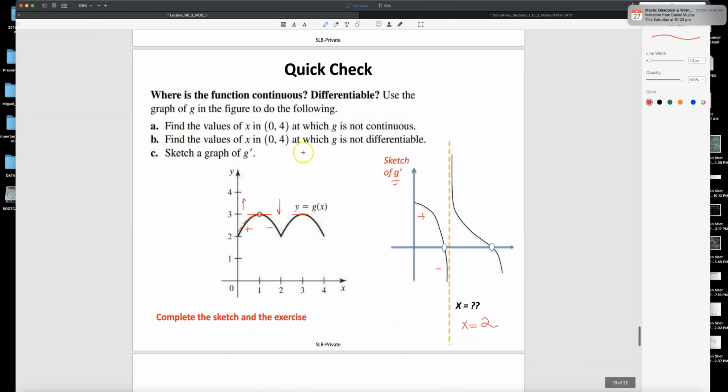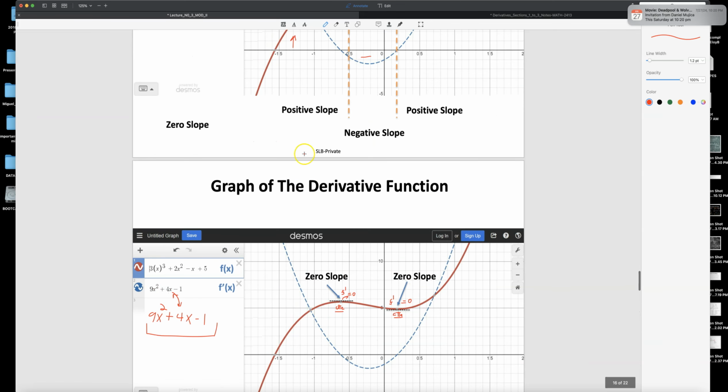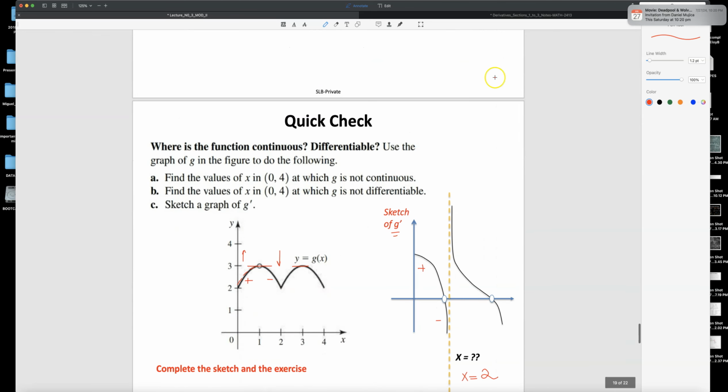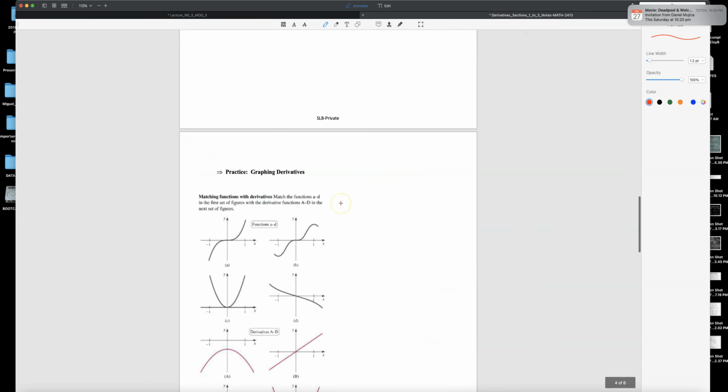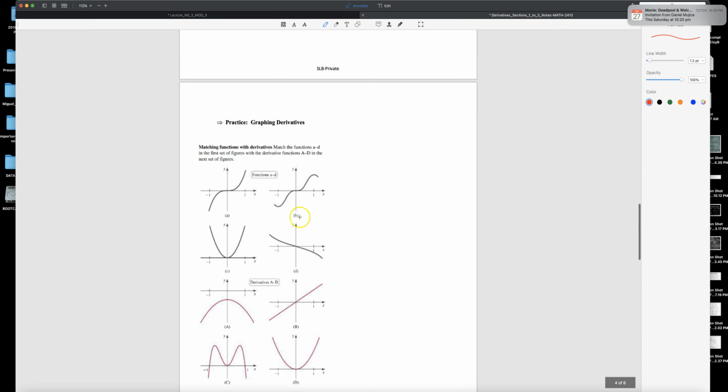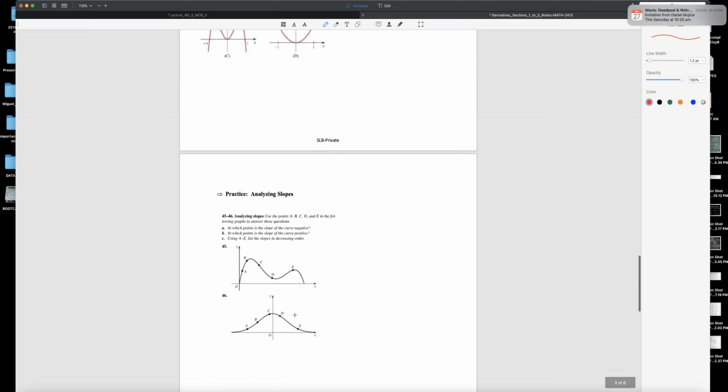This kind of thing, and also this type of thing that we were discussing. So you need to follow that kind of reasoning in order to do this type of exercise. These exercises are very good to check if you understand the concept of the derivative. So you're going to have this in your homework, and I believe in your quiz, and for sure in the test I'm going to include something like that.